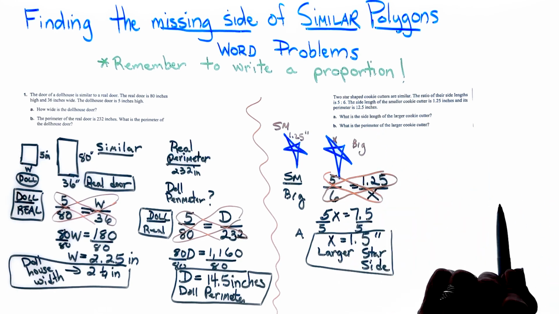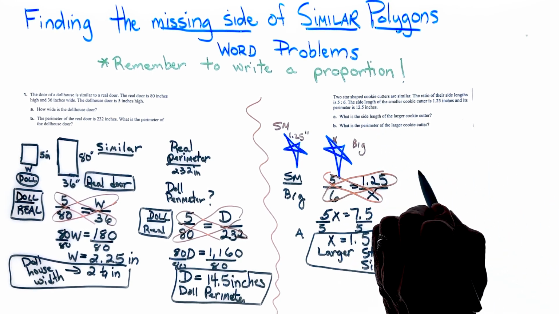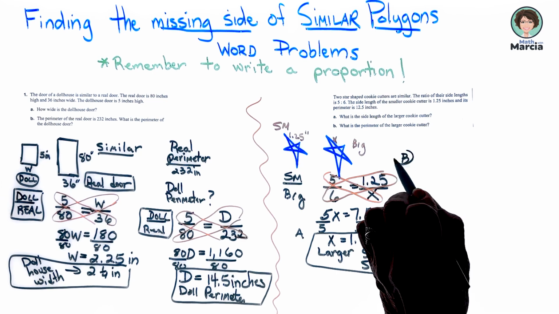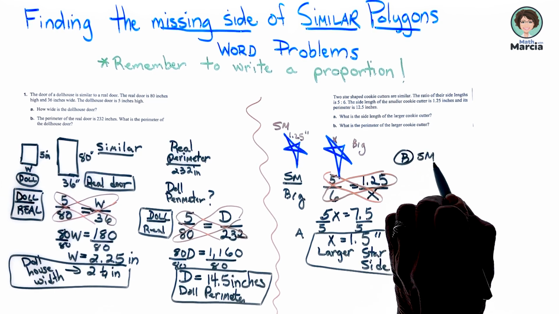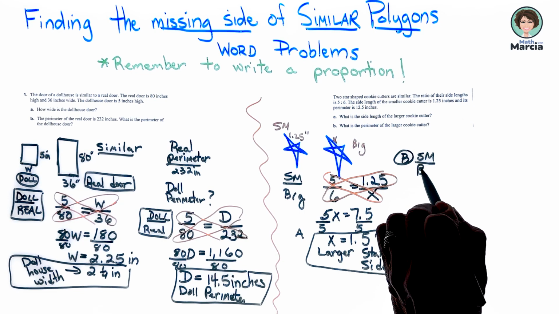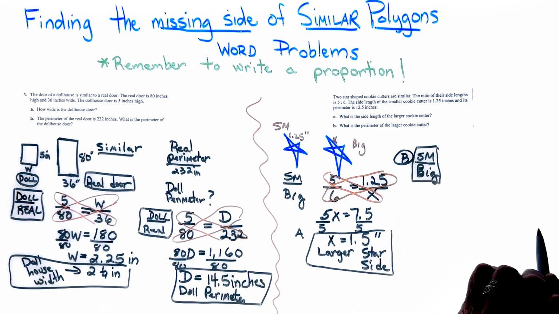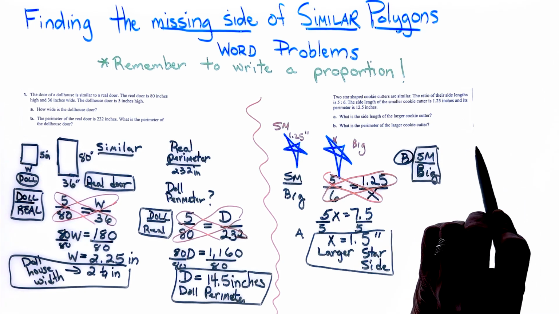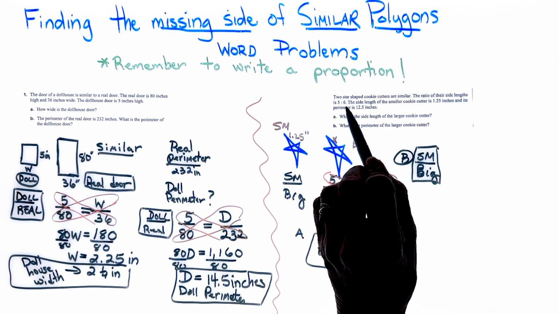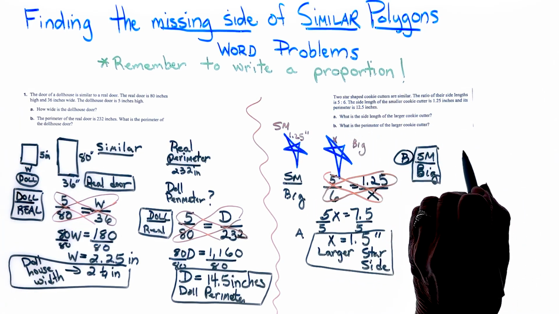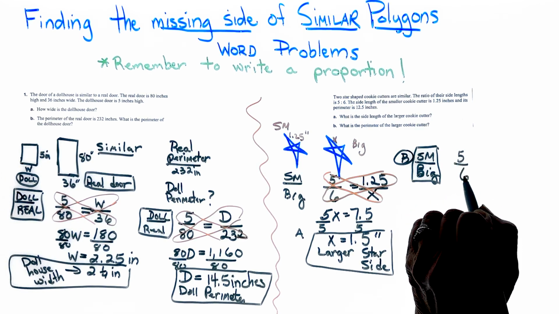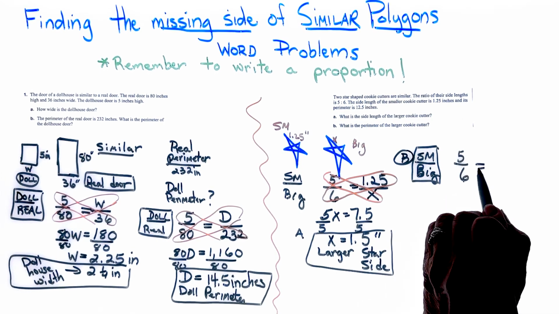perimeter. So now, again, for the second part, letter B, I'm going to write small to big because that is setting up my thought process. And I am looking at, again, my ratio comparison is 5 to 6, small to big.